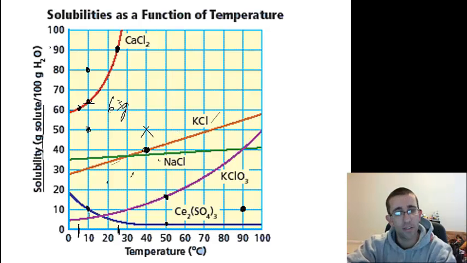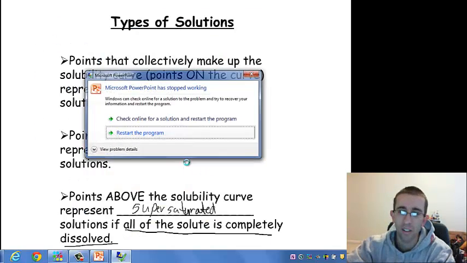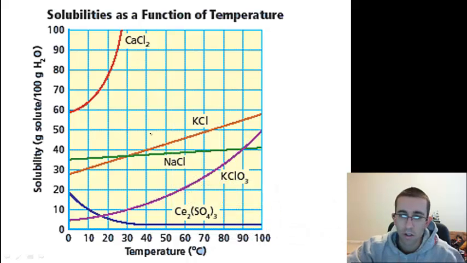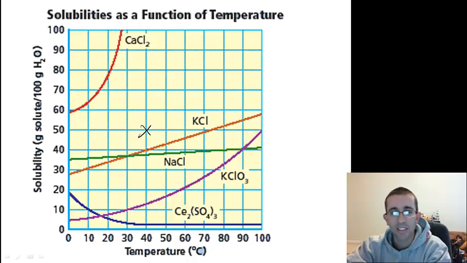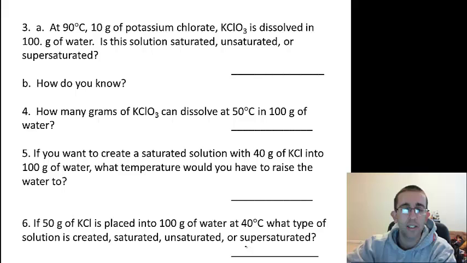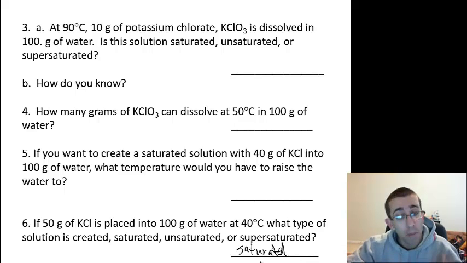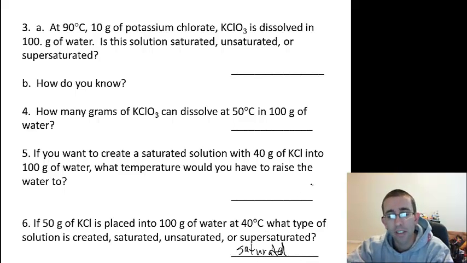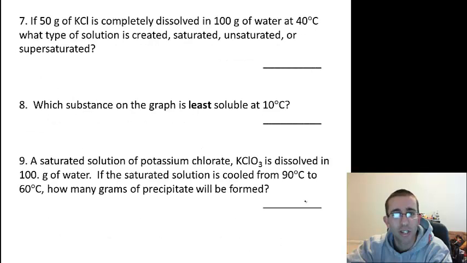I just said we place it in there. So we had 50 grams of KCl and only 40 degrees Celsius. It can only dissolve 40 grams. My question did not say it was completely dissolved, so this is just a saturated solution. Yes, it falls above the line, but it never says it's completely dissolved, and so it's just saturated.